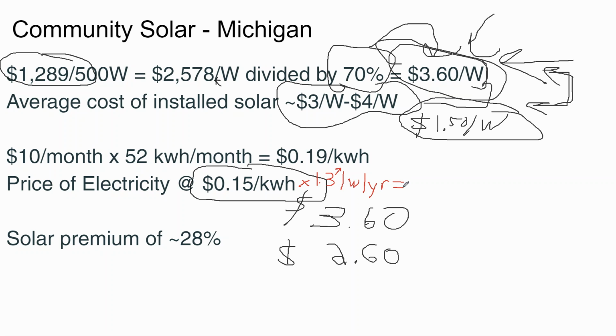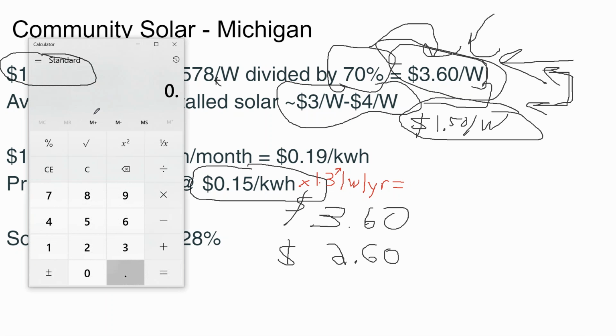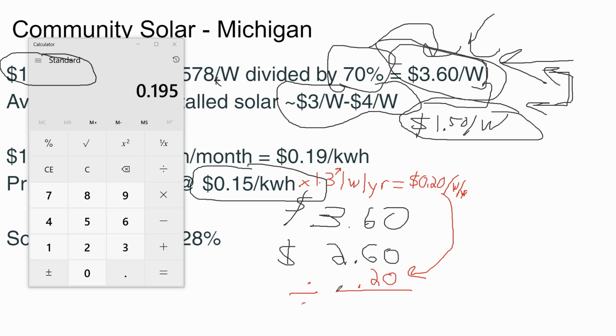We got that from PVWatts. $0.15 a kilowatt hour times 1.3 kilowatt hours per watt per year turns out to be roughly 20 cents per watt per year. Then $2.60 divided by 20 cents per watt per year, that's a 13-year payback.